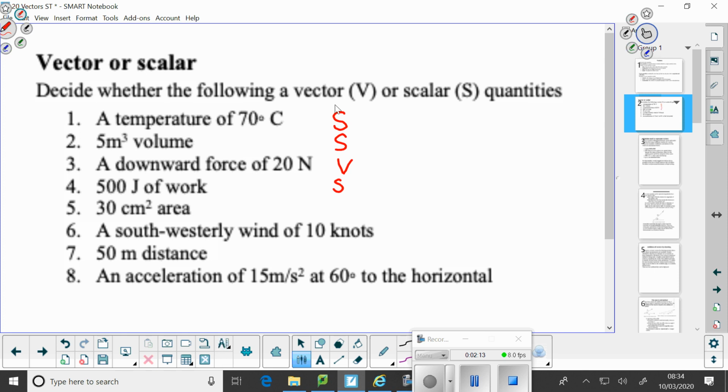Joules of work, that's the scalar. So if the specification includes a direction, in either degrees or the points on a compass, or up, down, you're looking at a vector.